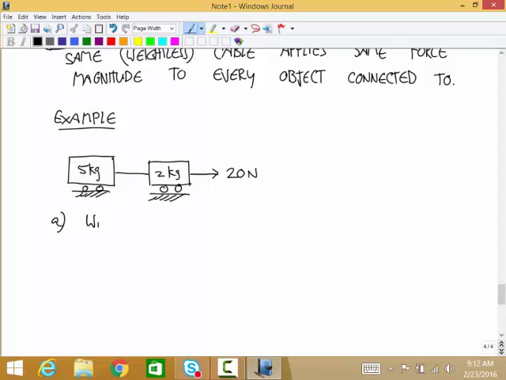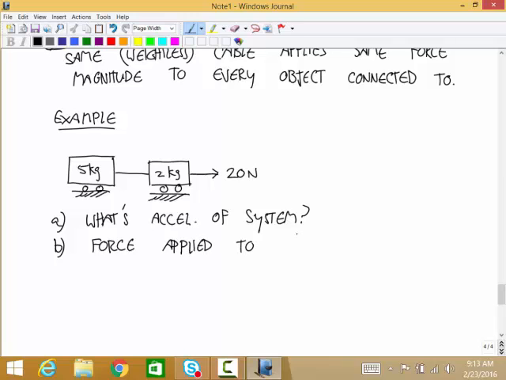So first, what's the acceleration of the system? And second, what's the force applied to the 5 kilogram box by the 2 kilogram box? Okay, so go up to the board and see if you can work through part A.